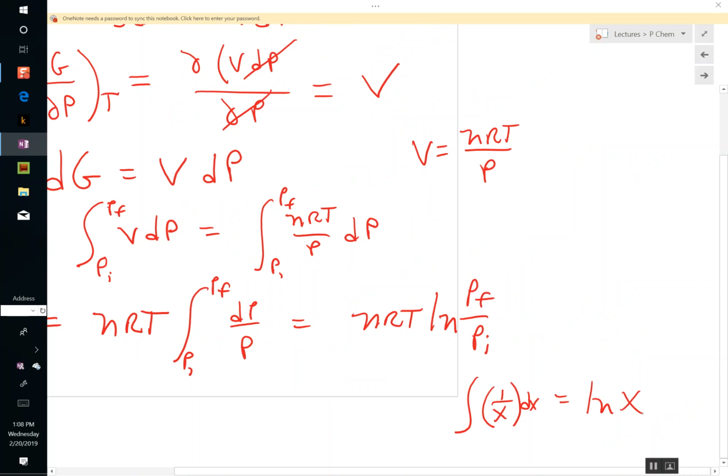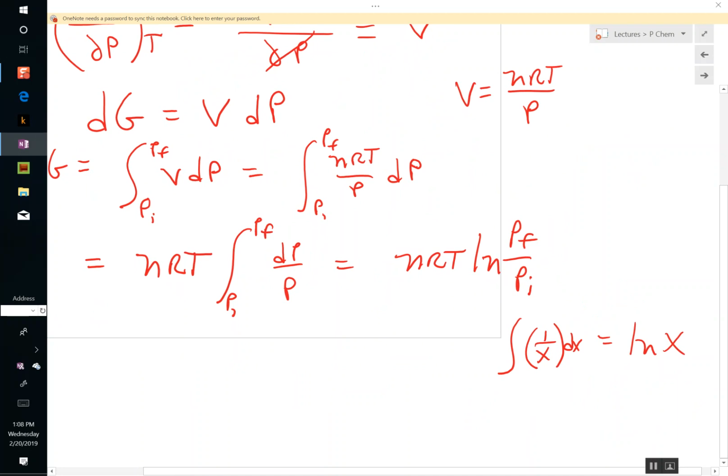So is this a new equation, you say? No. So you could say delta G at constant temperature equals that, right? And that is equation 4.45. In the previous chapter we were given the entropy equation. Never mind, I missed the temperature in that one.